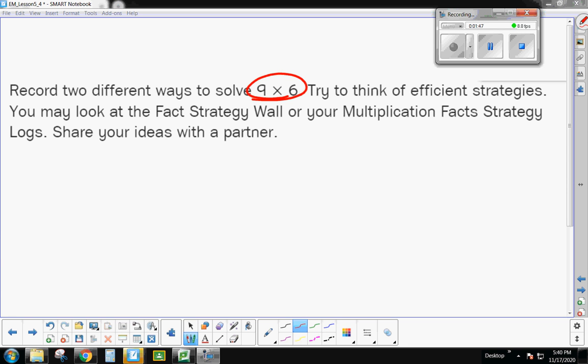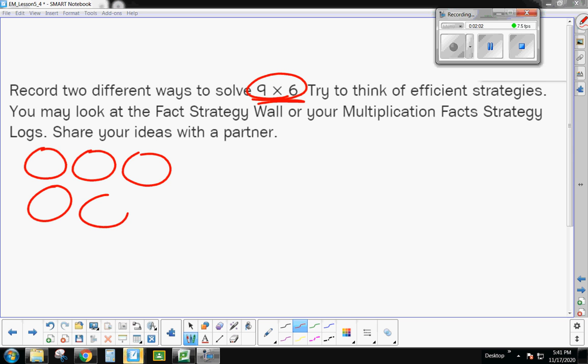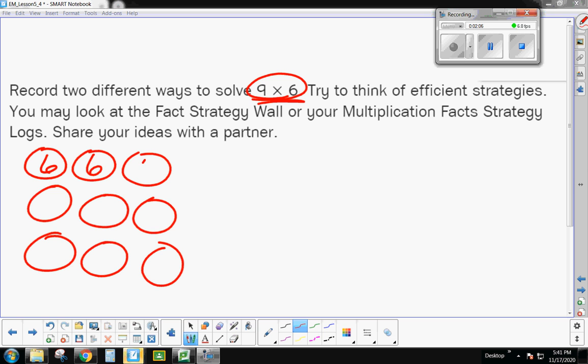One of the strategies: we learned clear back at the beginning of the year that multiplication is just equal groups problems, right? So 9 times 6 is the same thing as saying 9 groups of 6. I could draw 9 groups, and I could put 6 in each group. And then I could start adding those up, and I could find different ways to add them up.